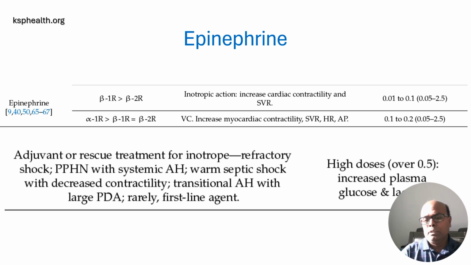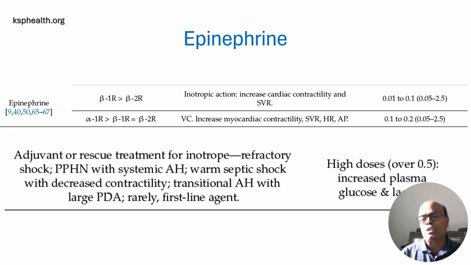The third medicine often used is epinephrine. Based on the dose, the effect varies. With a dose of 0.01 to 0.1 mcg/kg/min, it's predominantly beta 1 and beta 2 effects. So you will see more inotropic actions, that means improving cardiac contractility and an effect on systemic vascular resistance.